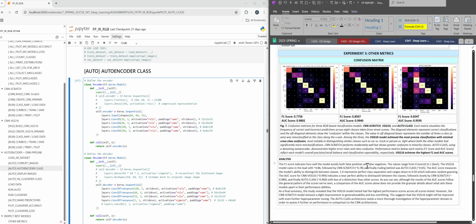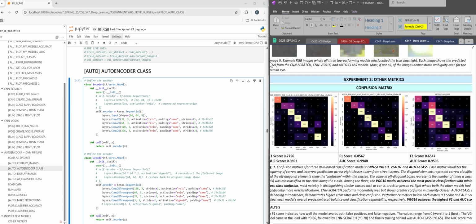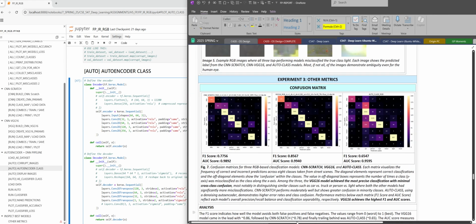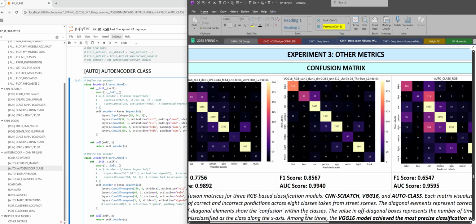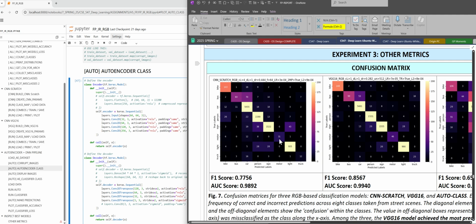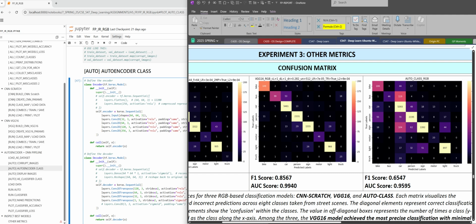So looking at these, and I've gone way over on time, so I have to wrap it up, but looking at these confusion matrices is pretty interesting, because here you can really break down how many times sign was mislabeled as light or person was mislabeled as light. And this is where you can really start to see the distinctions between the models.